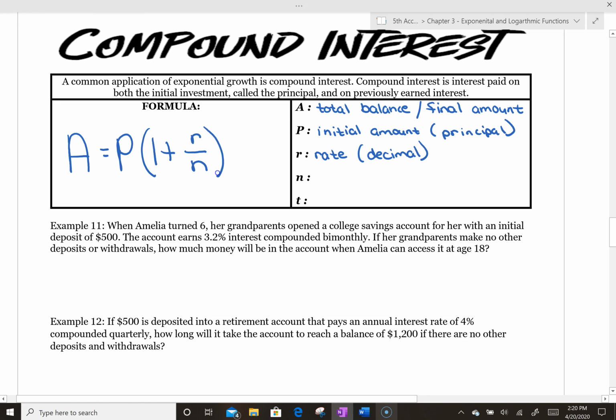Divided by n, that's our new one, to the n times t power. t is our time, okay? n is your number of times compounded, and this is yearly.